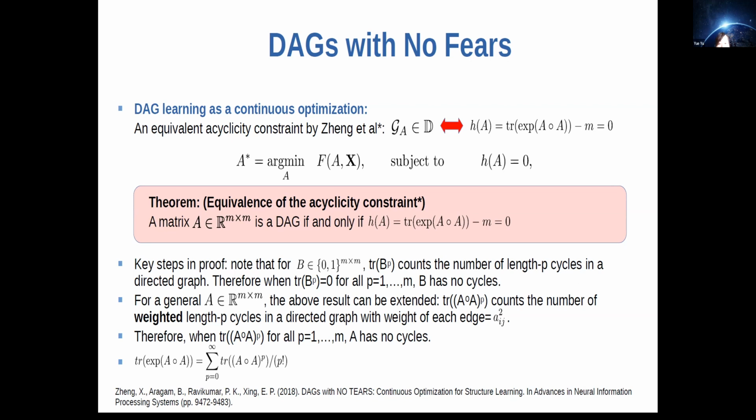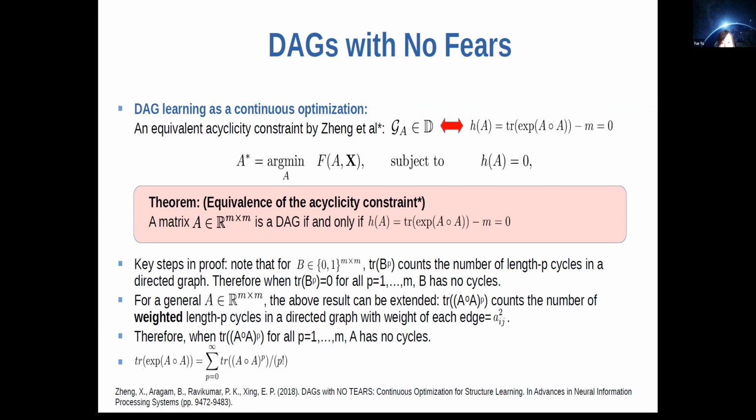So what the NOTEARS group was trying to do is the following. They think, well, we don't have to have B to be ones and zeros. It can be any non-negative matrix. That means as long as each element is non-negative, then we can do the same thing.